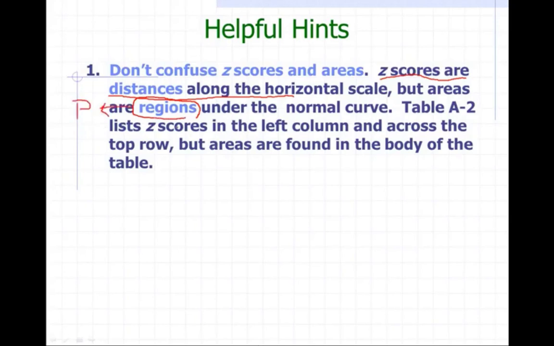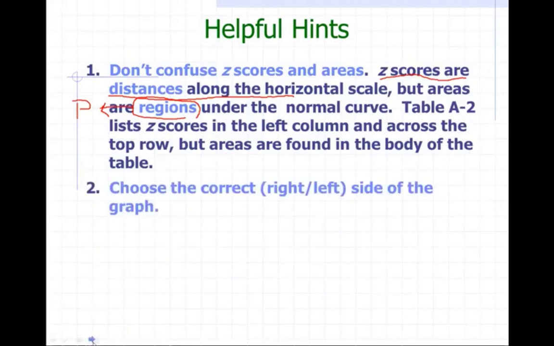And remember, the z-scores on table A2 are in the left column and across the top, and the areas are in the body of the table. So it's important, I would highly recommend you draw a picture and shade which side of your z-score you're looking for.